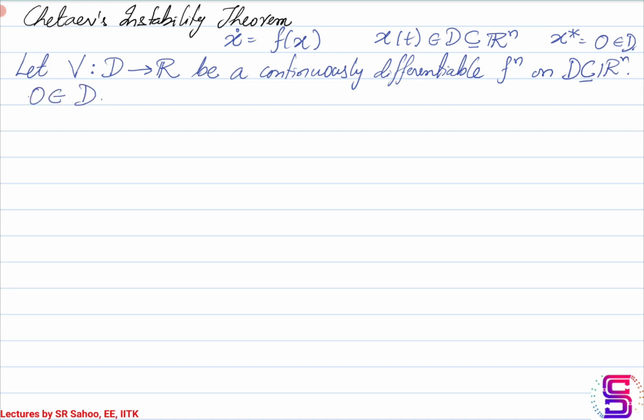Zero lies in the domain D. Okay, and suppose the function that you have chosen is such that V(0) is 0.